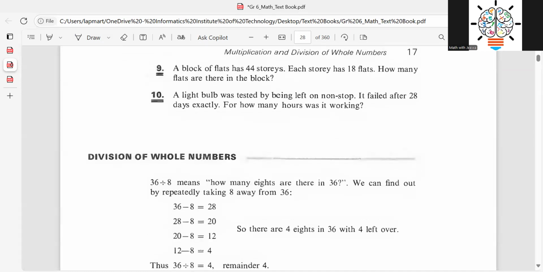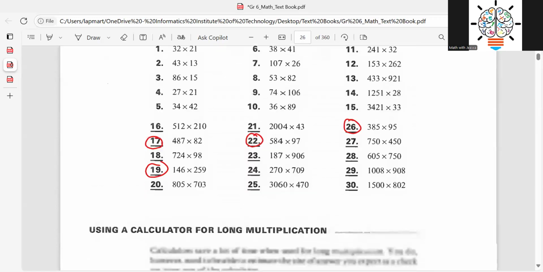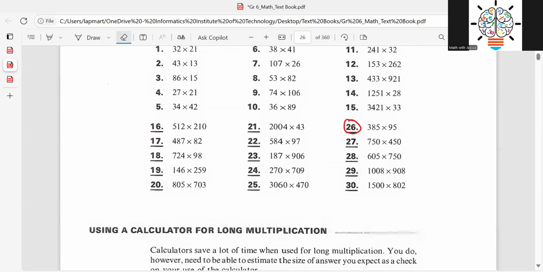I will start the division the next day. So then what you are supposed to do today, you want to do the question numbers 17, 19, 23, 27, 30.